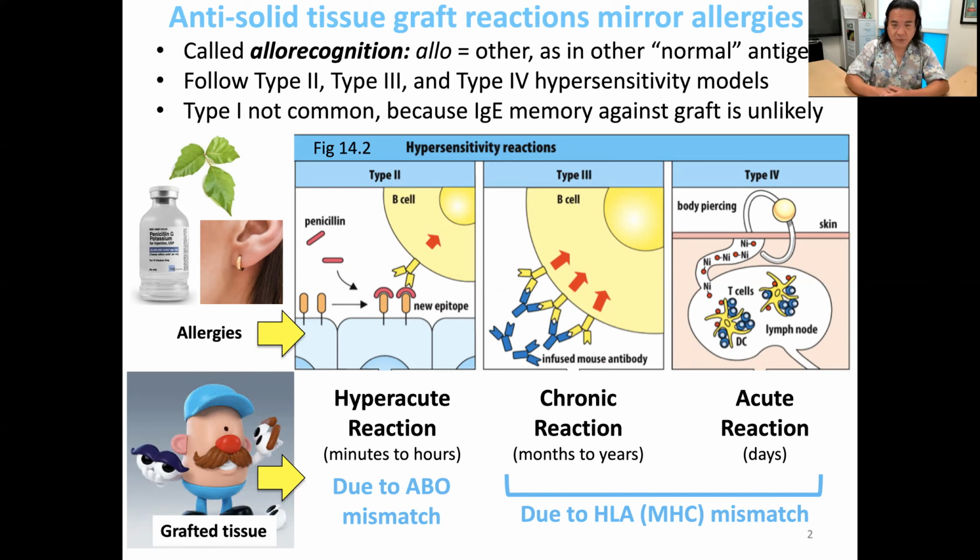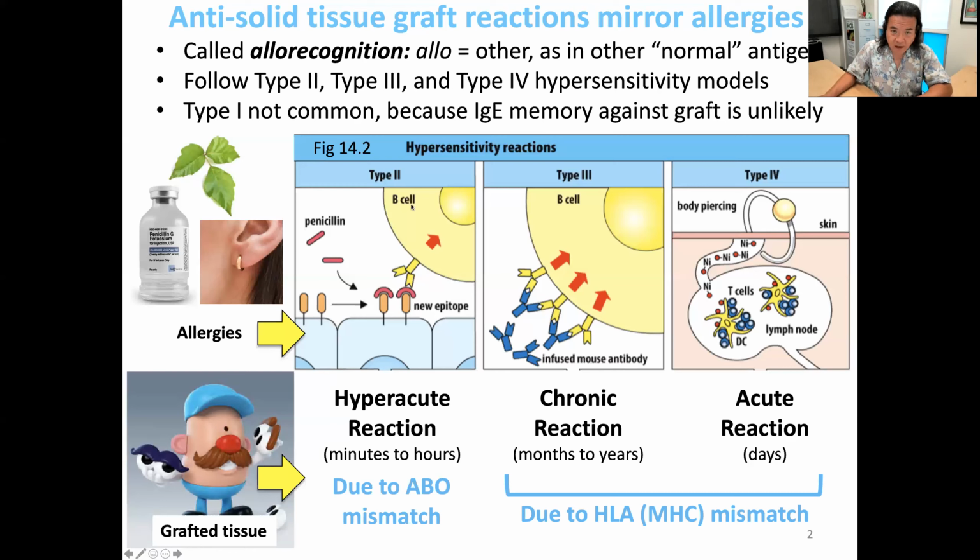In this case, the plasma, the serum, is the supporting matrix, even though it's liquid. We said that ABO mismatches between donor and recipient can lead to what we call hyperacute reactions. That means very rapid rejection of the donated tissue, the donated blood, by the recipient's immune system.